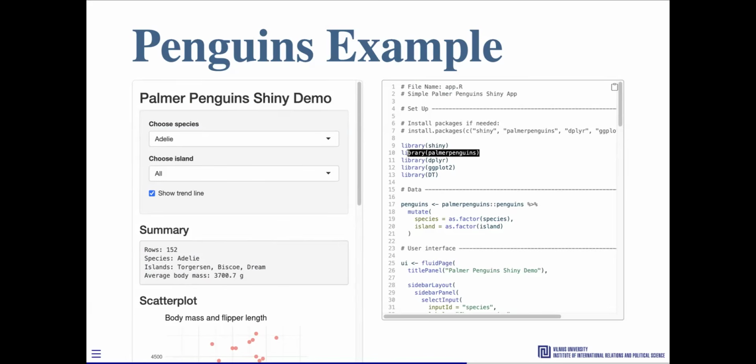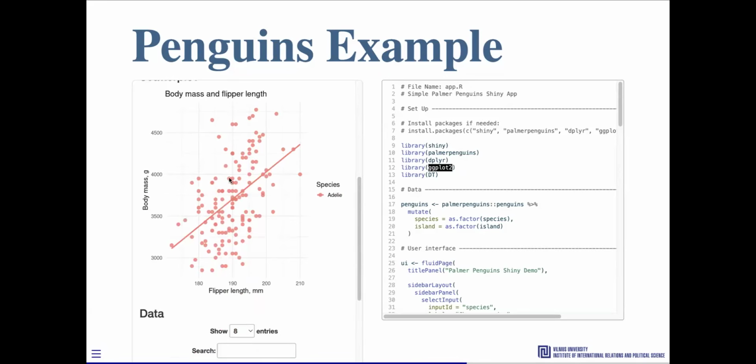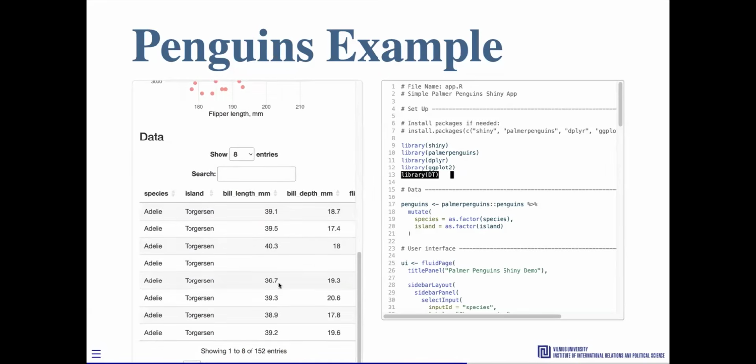It has the input and output functions, or the key ones at least. We have this library called palmerpenguins, which is where the data is coming from. The library dplyr for the pipe. I use the old pipe. If you use the new pipe because you have a newer version of R, more power to you. The library ggplot2, because this is how we're making this plot. And the library DT, because that is what is making the table.